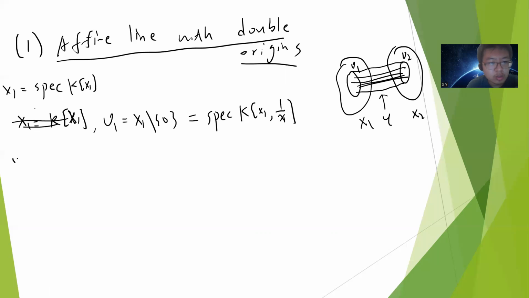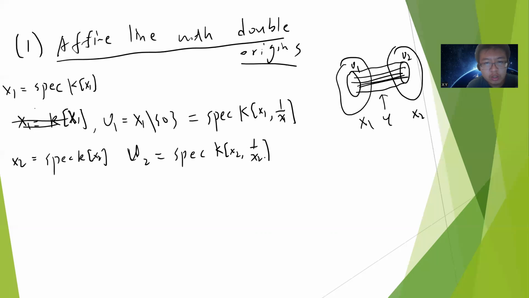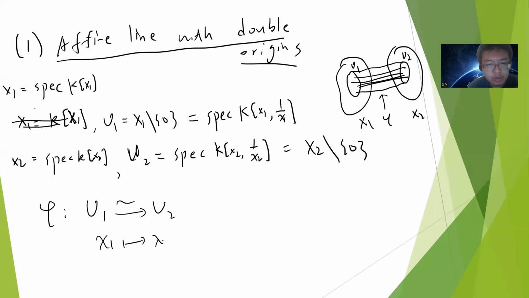Do the same thing for X2: Spec of k[x2], and U2 to be Spec of k[x2, 1/x2], which is the same as X2 minus the origin. Then I can define a map identifying U1 with U2 by mapping x1 to x2.